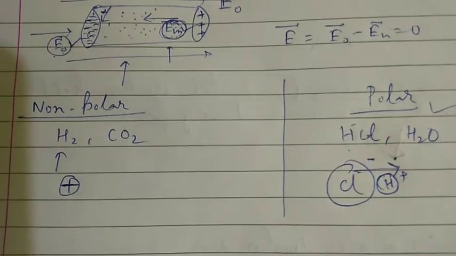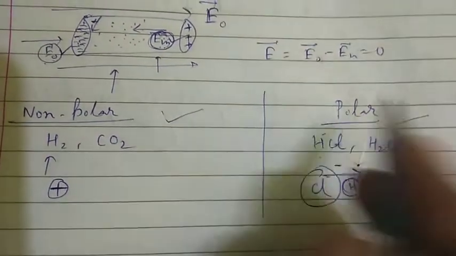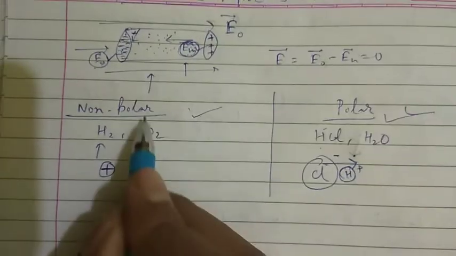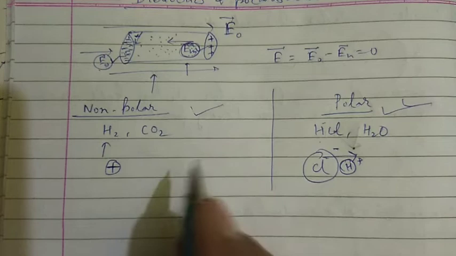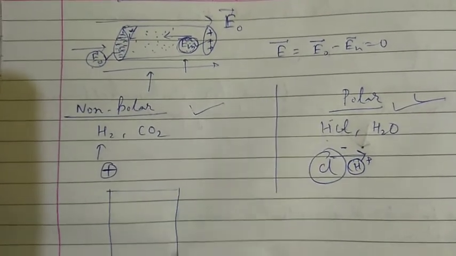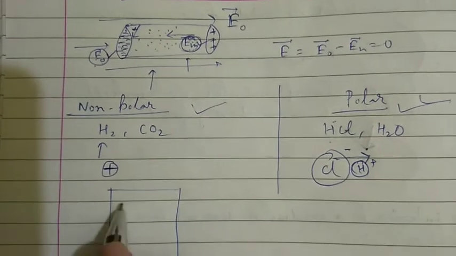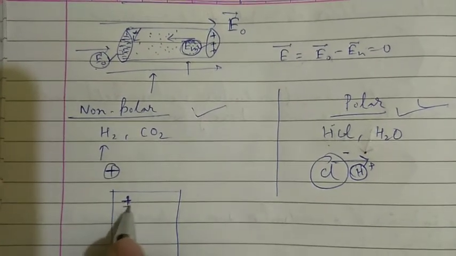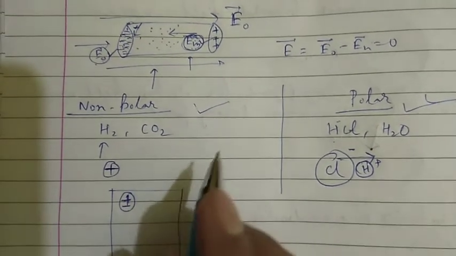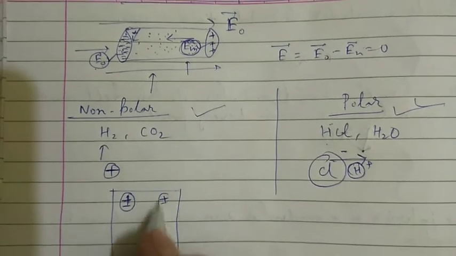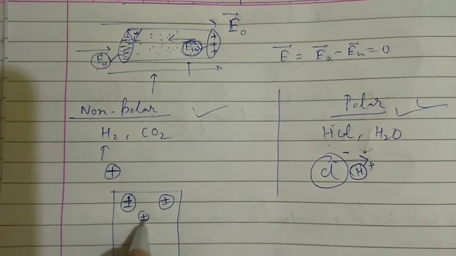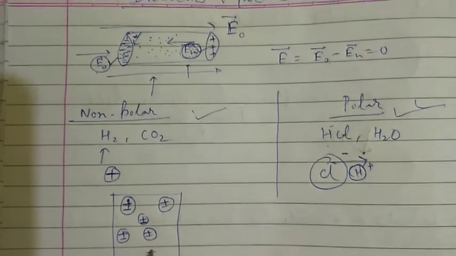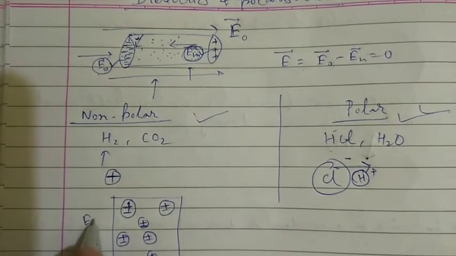Now let us find out how they behave in an external electric field. First consider non-polar molecules. Suppose you have a non-polar molecule. Here we just draw it a little differently. The positive and negative charges coincide, giving no dipole moment. Here E equals 0, there is no external electric field.